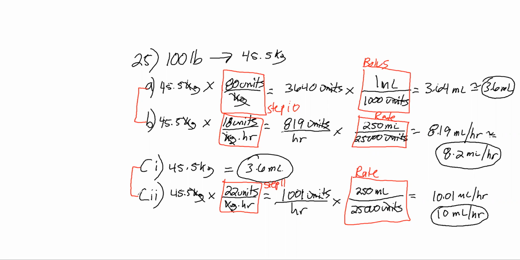So if the APTT said 46 seconds, you just leave it as is. But if it said 40 seconds, you would go ahead and rebolus at 40 units, and then increase the infusion rate by 2 units. So you wouldn't need to know the first information to answer the second.